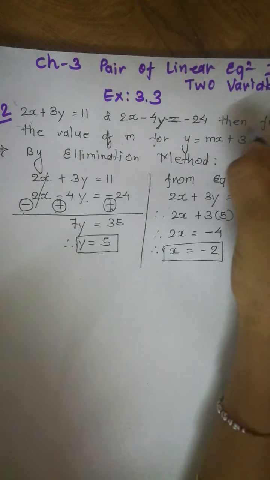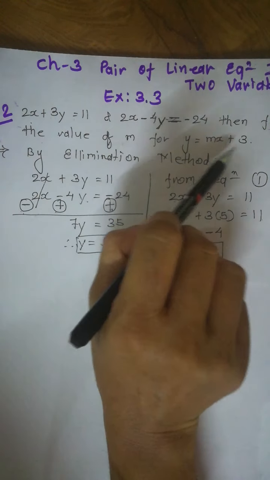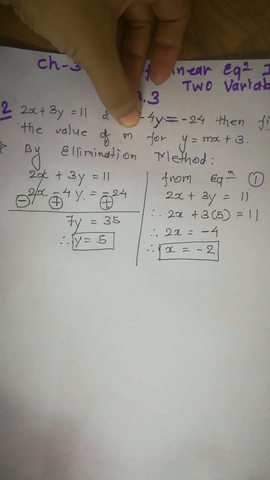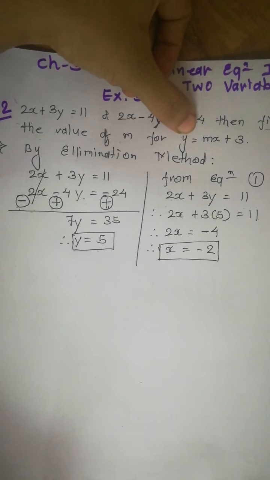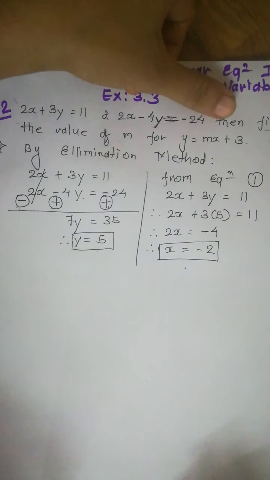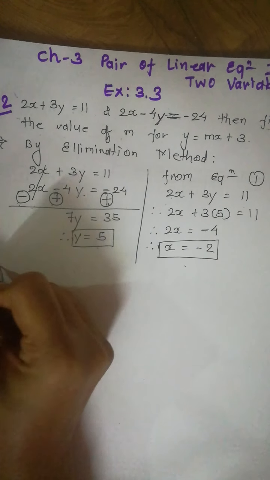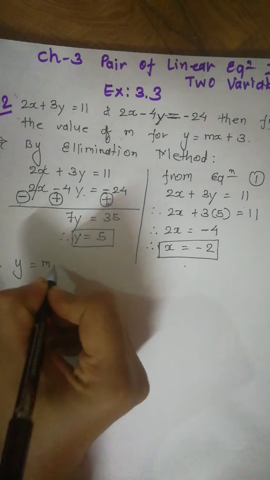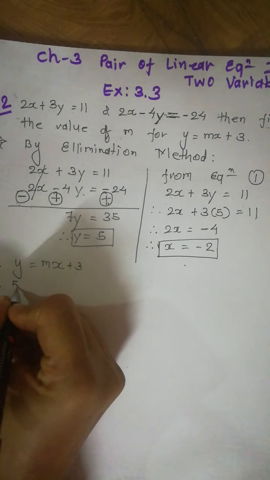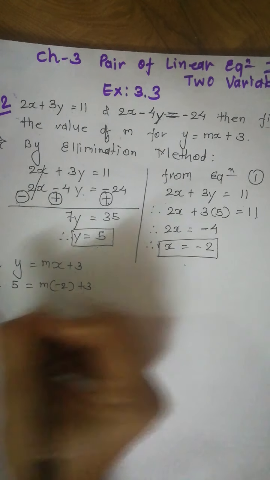Then find the value of m for y is equal to mx plus 3. We have to find another variable, m. We put the values of y and x that we found into this equation. So y is equal to mx plus 3: 5 is equal to m into minus 2 plus 3.